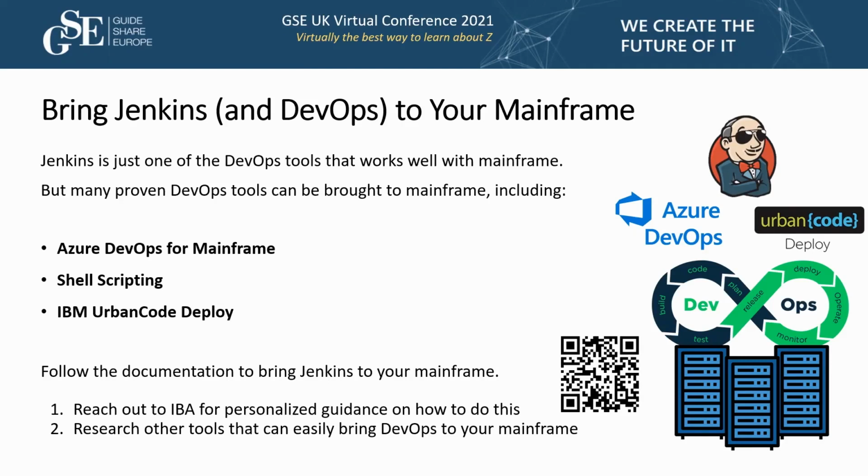Another solution is to use Azure DevOps for Mainframe. We have used this technology in another local project, like DevOps as a service for the Mainframe project. The principle of operation is extremely similar to Jenkins, especially since Azure pipelines are written in a scripting language such as YAML, Yet Another Markup Language.